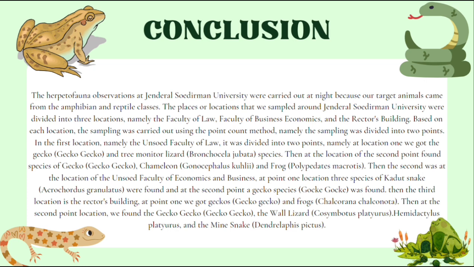And at the second point, we found a gecko species too. Then at the third location, the Rector's Building, we found other geckos and frogs with the scientific name Chalcorana chalconota. And at the second point, we found geckos too, and the wall lizard with the scientific name Cosymbotus platyurus, and the snake with the scientific name Dendrelaphis pictus.